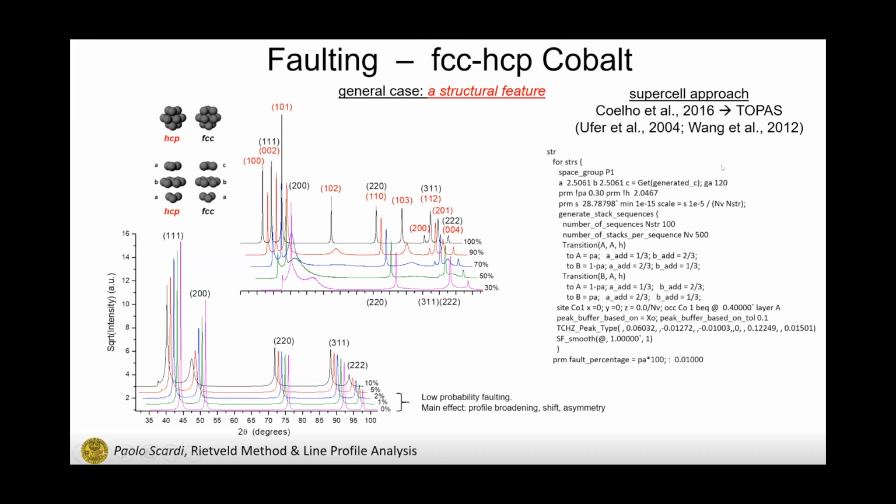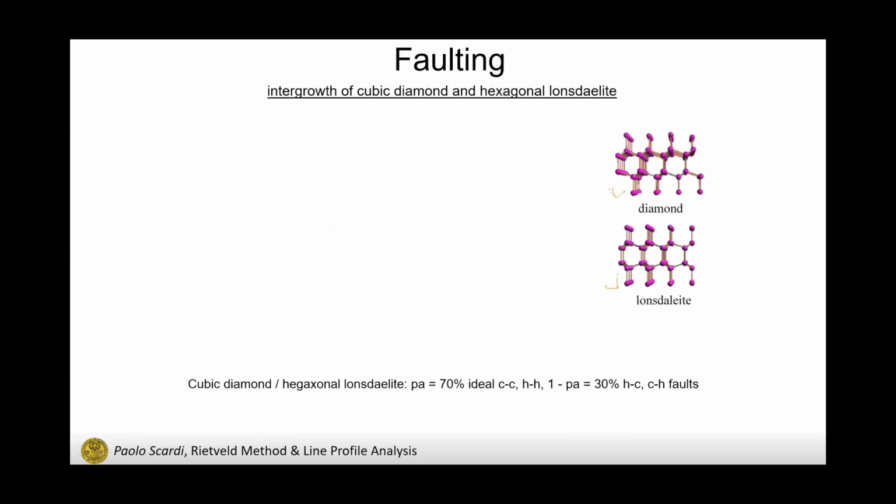Now, to conclude, let me show you a couple of examples. The first one is for the intergrowth of cubic diamond and hexagonal lonsdaleite. The pattern here is synthesized, let's say simulated, using DIFFaX, whereas for the supercell model in Topas, we use a supercell with 5,000 layers.